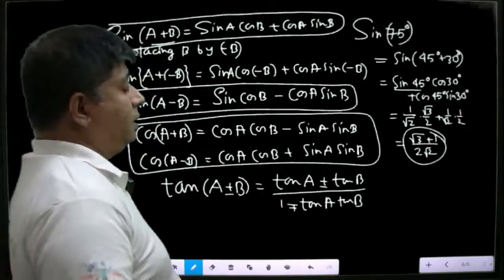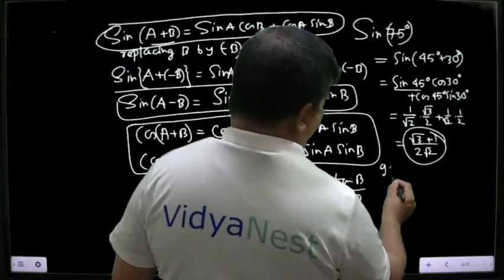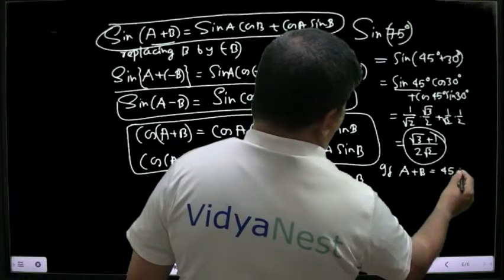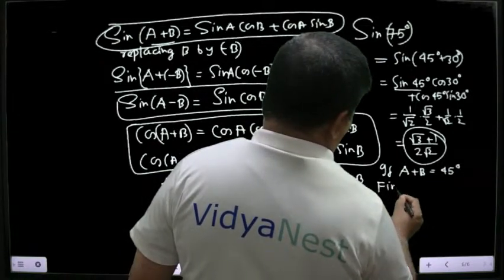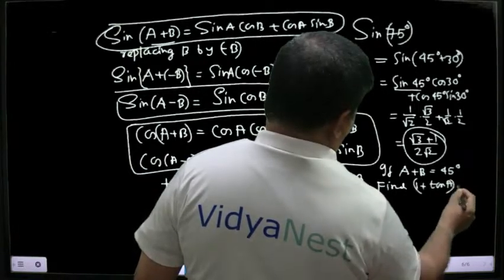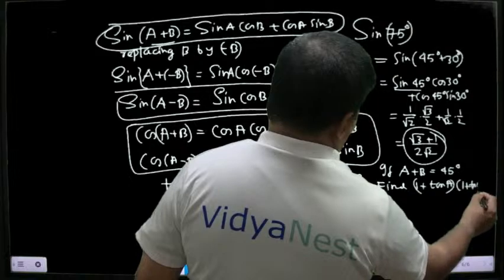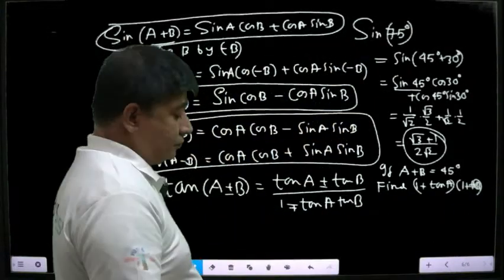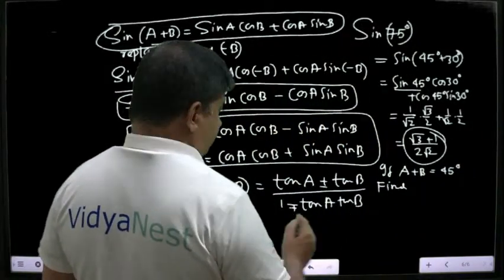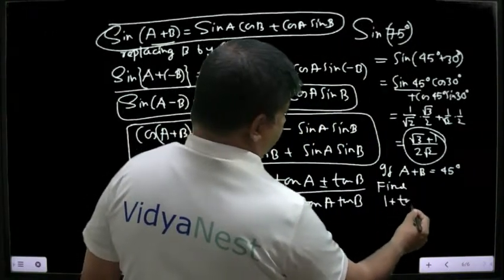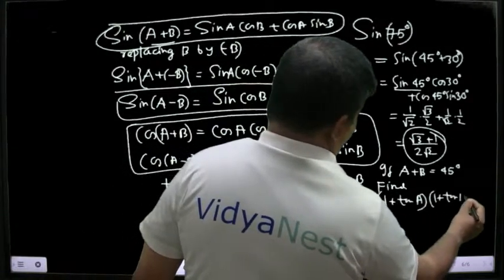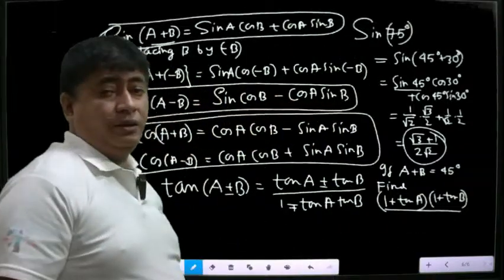Suppose A plus B is equal to 45 degree, and you are told to find 1 plus tan A into 1 plus tan B. How to find?